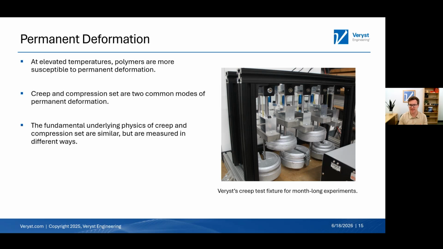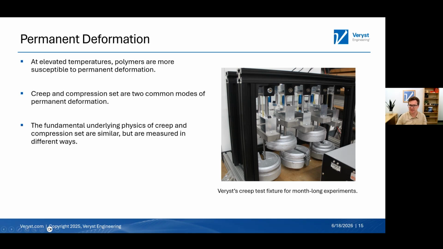Fundamentally, the underlying physics are similar, but they're measured in different ways and usually for different applications. So I want to talk about them a little bit differently, because even though they're effectively measuring the same thing, it's important to talk about the distinction.